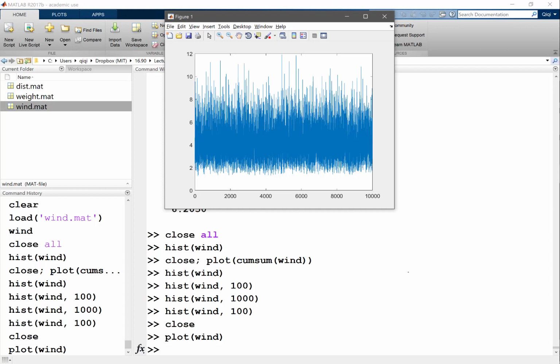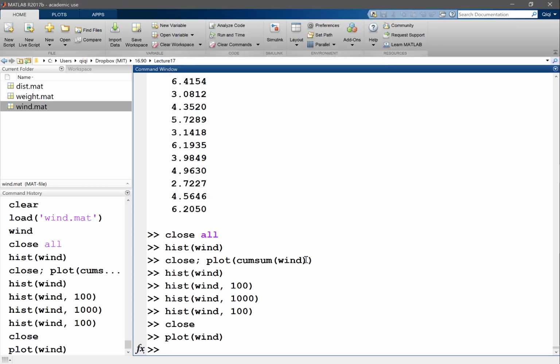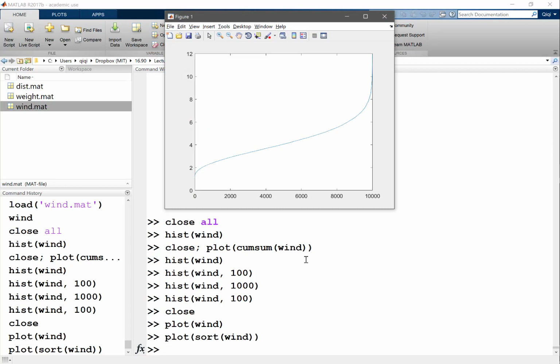Okay, here's the answer. So it's actually not exactly the answer because it's not the CDF. The CDF should be the transpose of this plot.